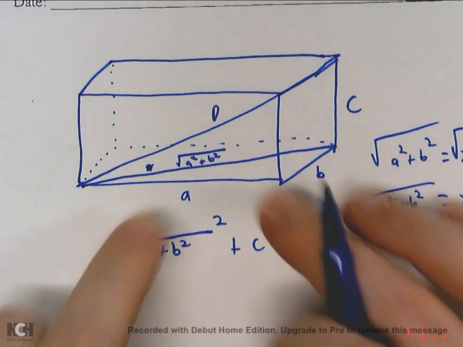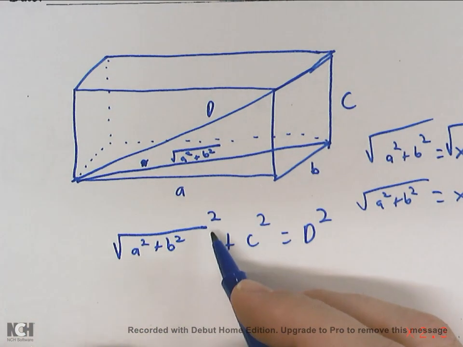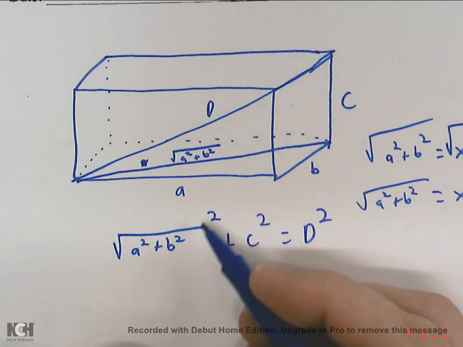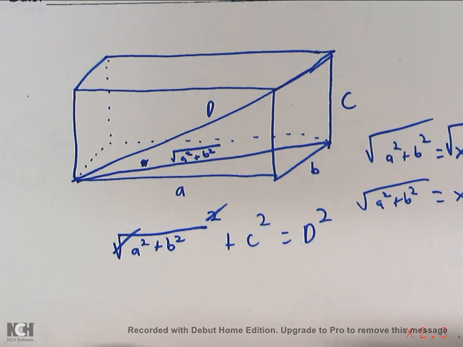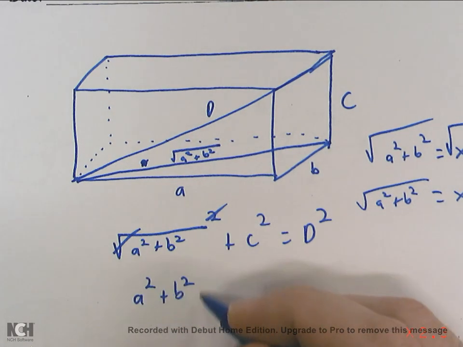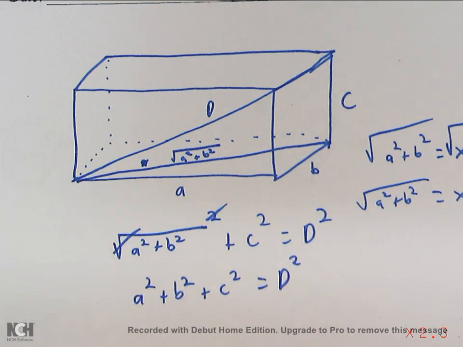Okay? So I have set up this triangle here. Now when I square a square root, what happens? Well, the square root and the square cancel each other out, right? So I'm going to be left with a squared plus b squared plus c squared equals d squared.